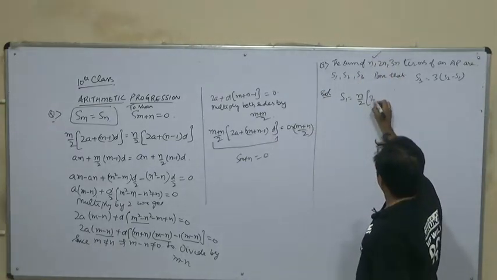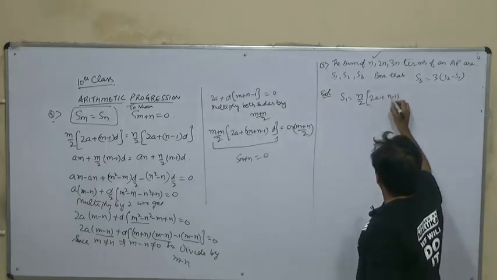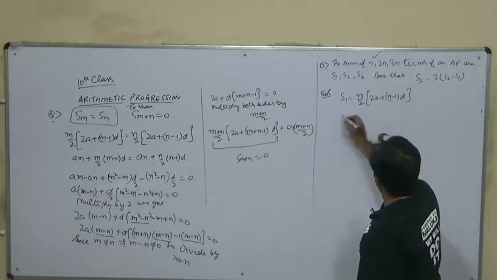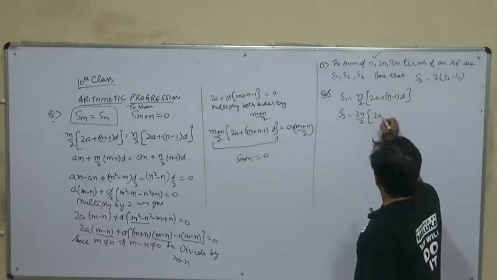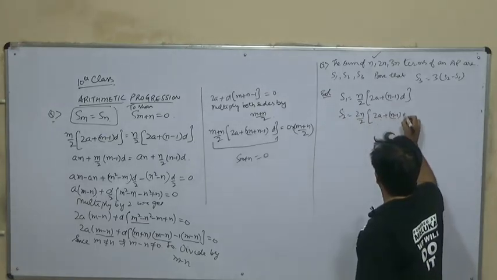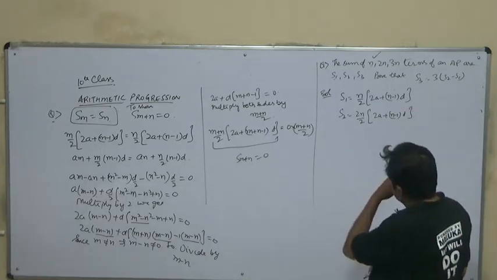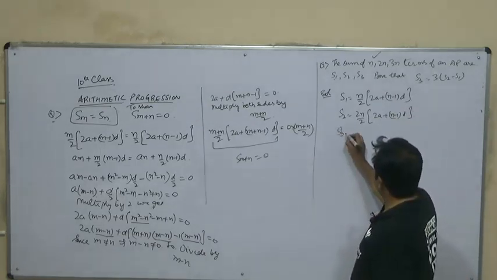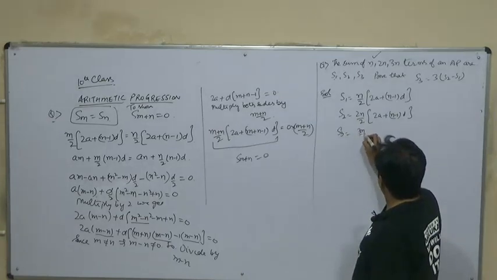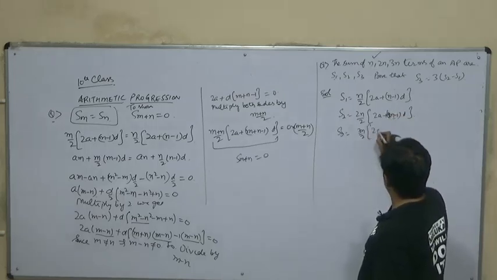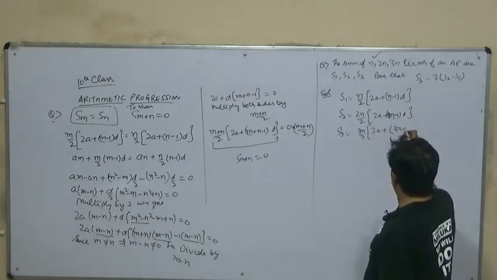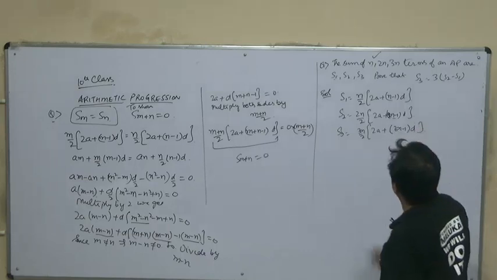So this will be 2A plus (n minus 1) into D. And what will be S2? Here it is 2n by 2, (2A plus (2n minus 1) into D). And what will be S3? It is 3n by 2, (2A plus (3n minus 1) into D).